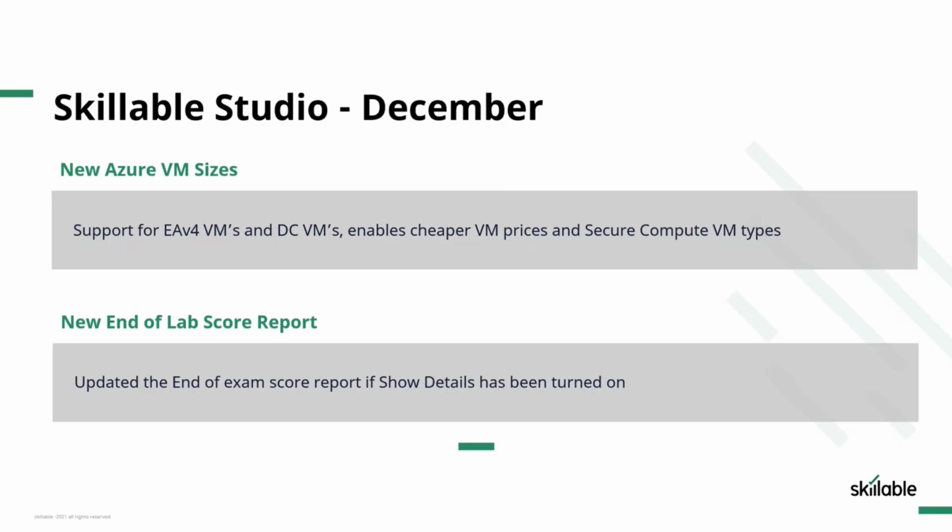The other thing we added was the DC VM types. If you're not familiar with those, these take advantage of a special CPU type. So Intel developed processors that are designed for secure code execution. To give you an example, if you think about modern PCs today, they would often have a TPM module, and that allows you to do things like secure boot and so on.